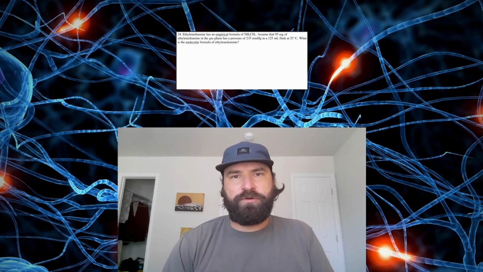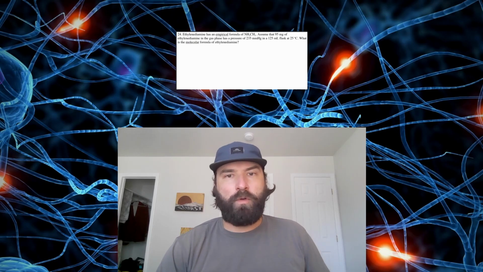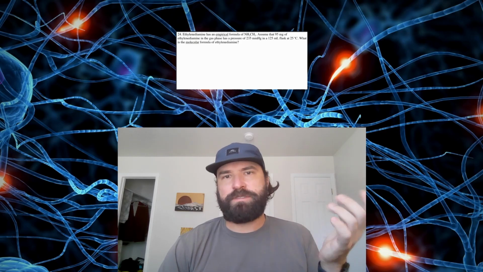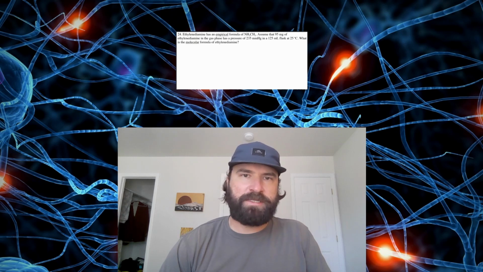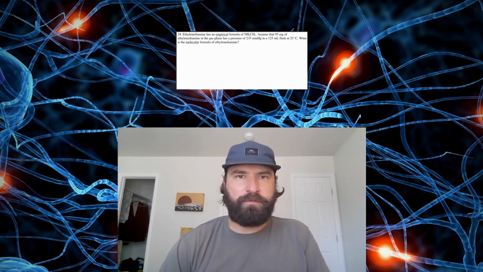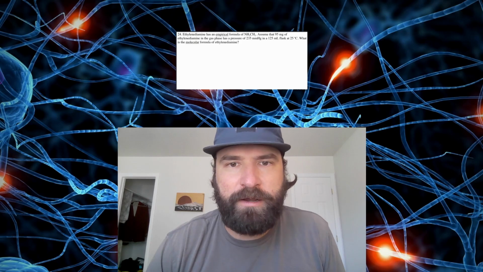To figure that out, we need the molar mass of this chemical, and then we'll see if the actual molar mass of the molecule matches. So first let's calculate the molar mass of this empirical formula. We don't know if this is the actual molar mass of the molecule being worked with, but we'll be able to figure that out.